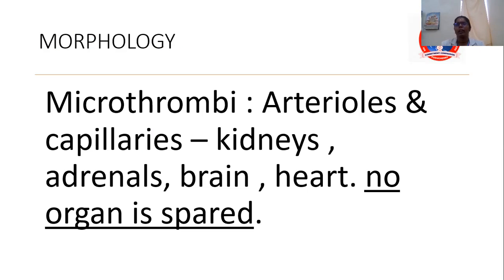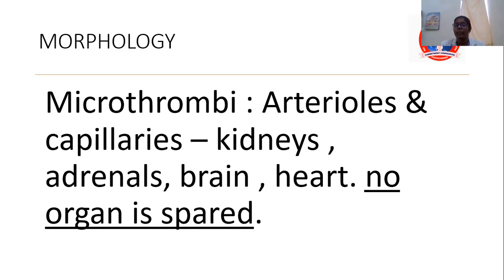Let us see what morphological changes occur in our body because of disseminated intravascular coagulation. First, everywhere throughout the microcirculation, you can come across microthrombi. Microthrombi will be seen in arterioles and also in the capillaries.